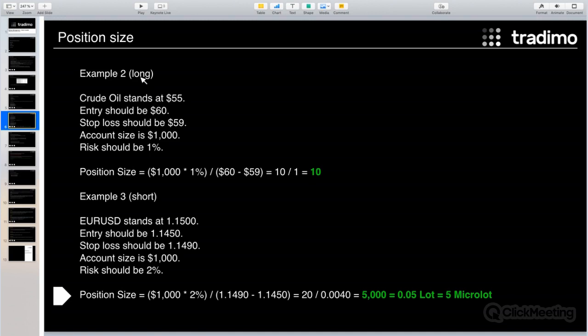Yeah, and you can again fill in all the numbers in the formula. And this leads to an optimal position size of 10 crude oil units, I would say, because it's not calculated for futures contracts because one crude oil futures contract is 10,000 barrels, and this of course costs a lot more. So these are just the simple units.